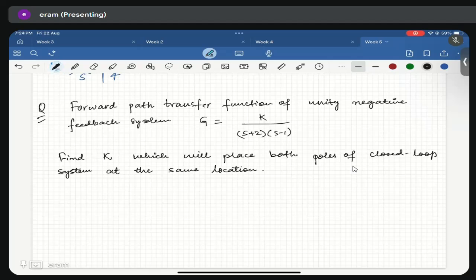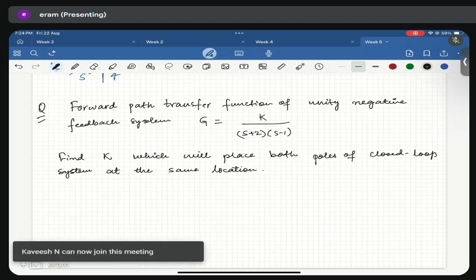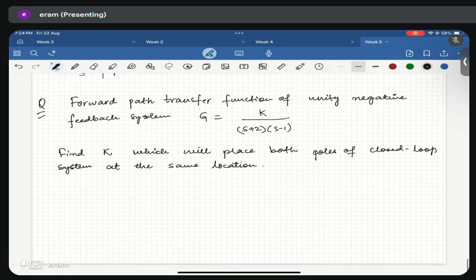We are given the forward path transfer function, which is nothing but G, and we need to find K such that both the poles are at the same location. Please try it.